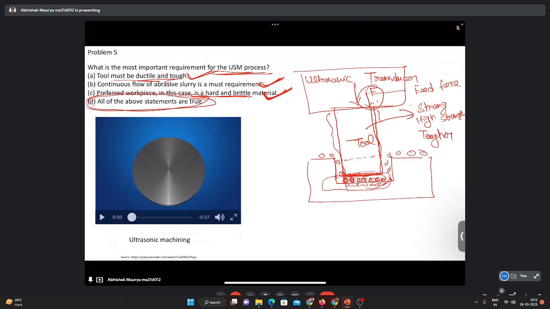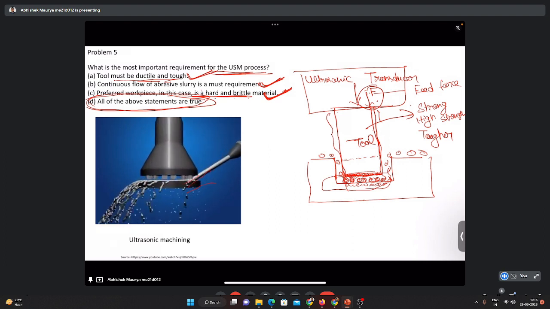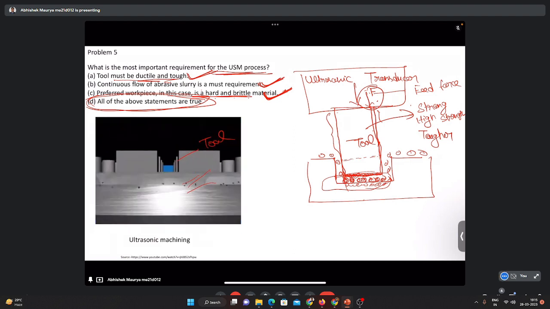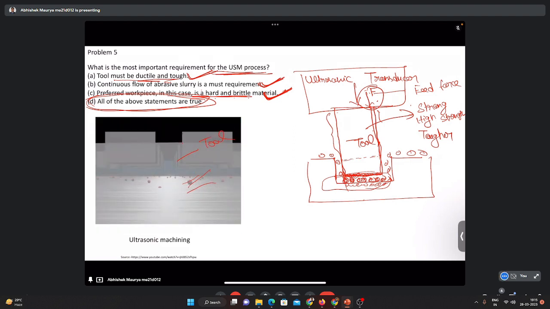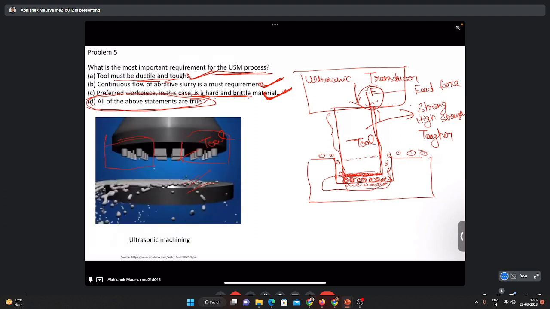I wanted to show some video, so you can quickly watch it. Here we have the workpiece. This is the abrasive slurry, which is coming, and now this is the tool. It is vibrating, and you can see these are the shapes. There is a square shaped tool.